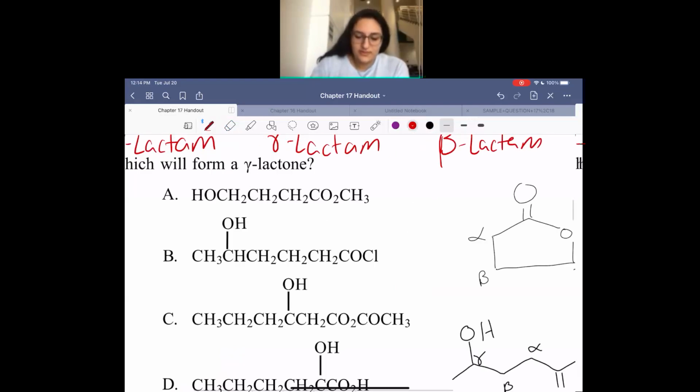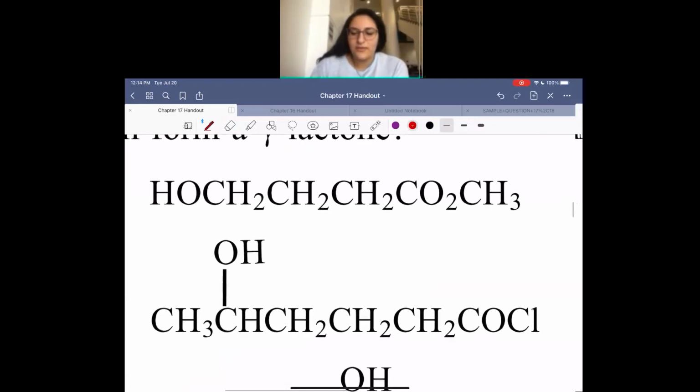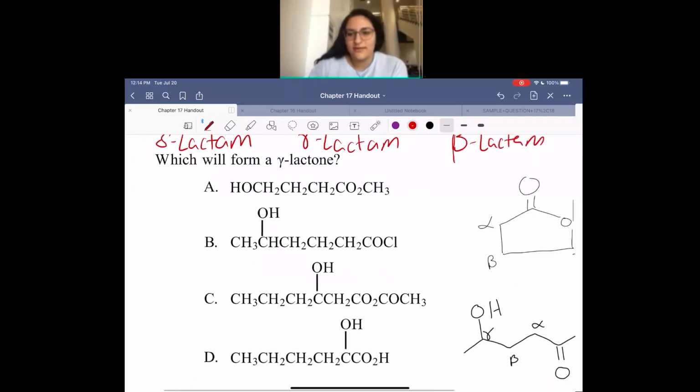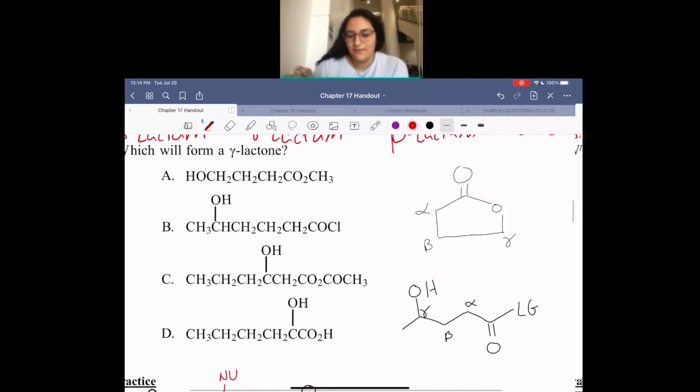So I'm going to zoom in a tad to each answer choice. So we find the carbonyl carbon. Okay. So we want to form this, right? And we know that because it says which will form a gamma lactone. A shortcut to figure out how to form a gamma lactone is to just think backwards.